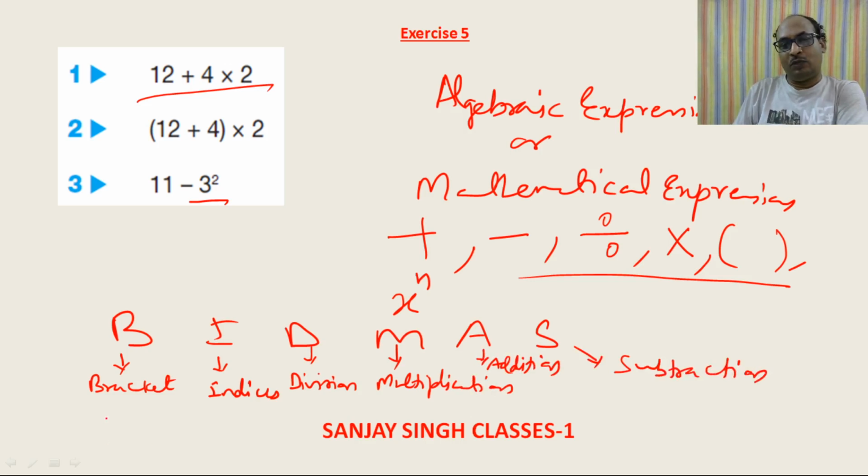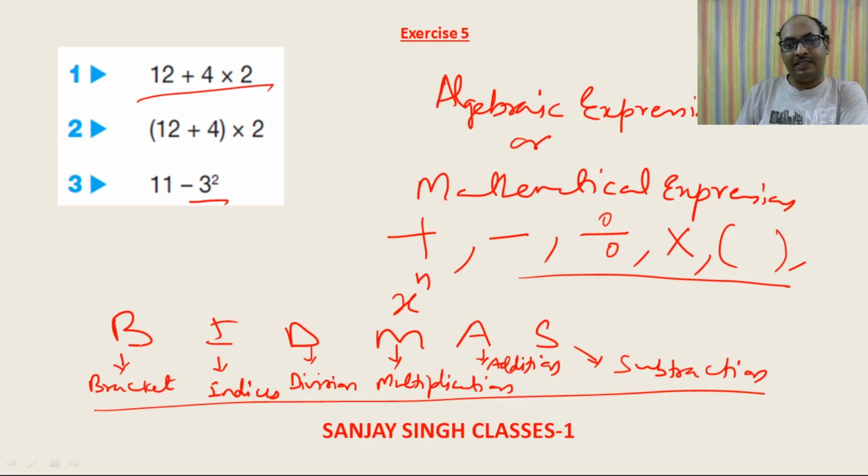So this particular rule we need to apply. BIDMAS means it is arranged in the order of its preference, its utilization. If in an expression we do have a bracket, then we need to solve that bracket first.